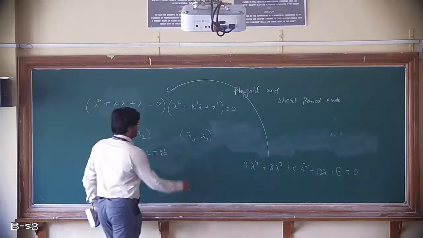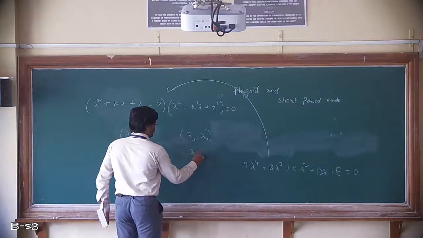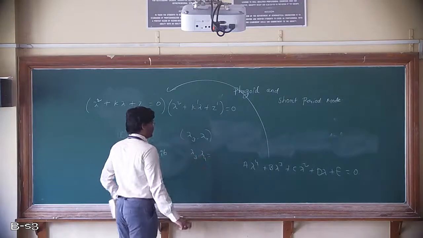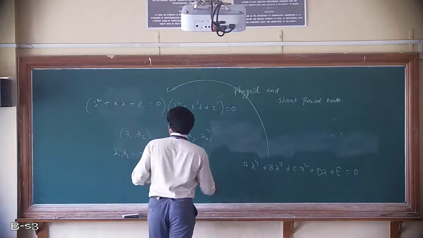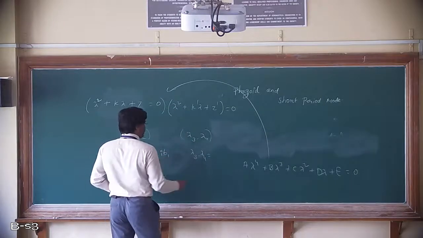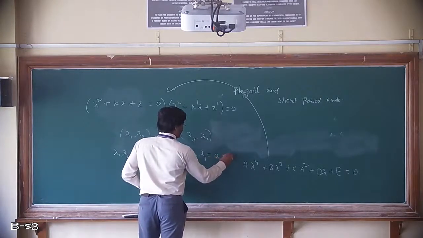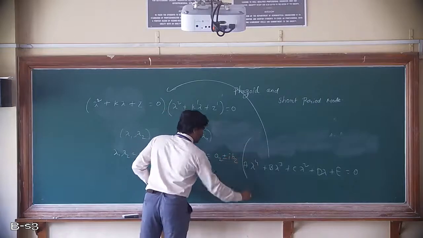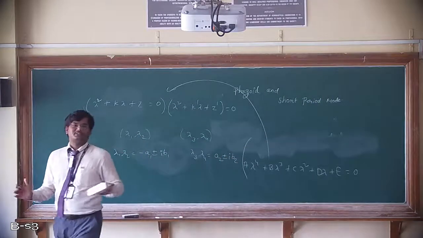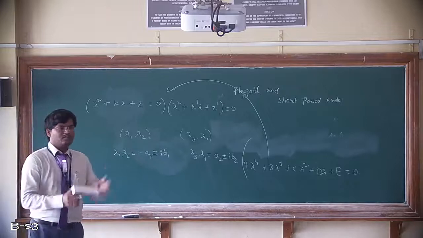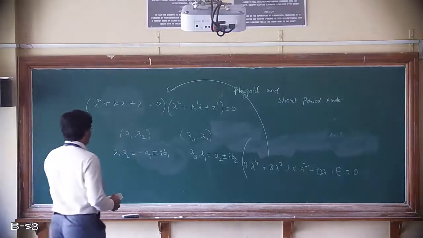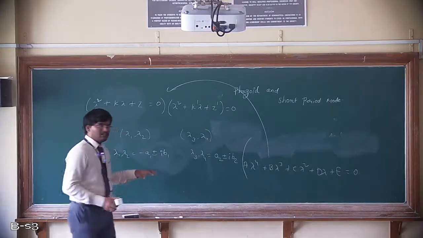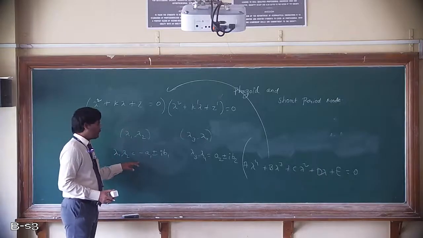Lambda 1, 2 is minus a1 plus or minus i b1, and lambda 3, 4 is minus a2 plus or minus i b2.